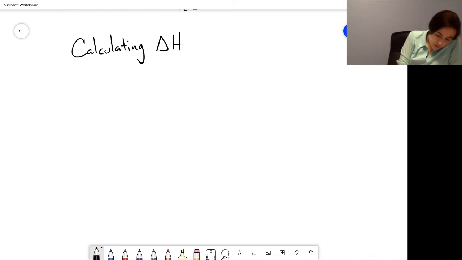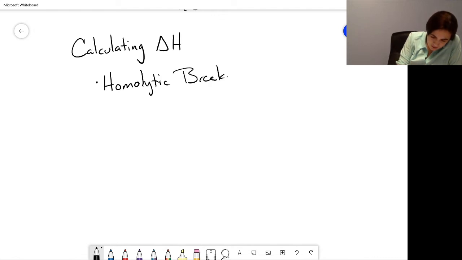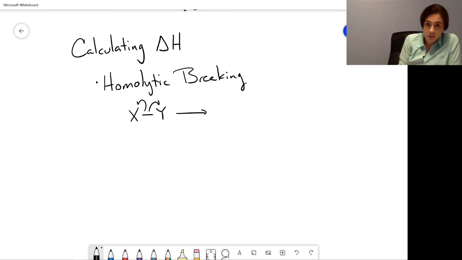There are two classes of bond breaking that we're going to deal with in this course, and I'll quickly introduce them now. There's homolytic breaking. That's where you have a bond between X and Y, and you break that bond by giving one electron to X and one electron to Y to form what are known as radicals.